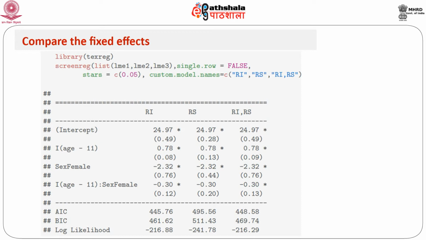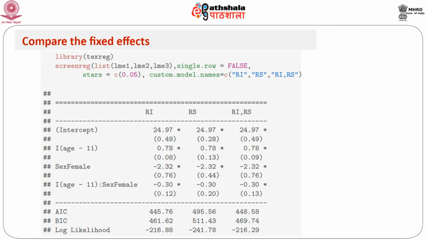For female, what happens? We subtract 2.32 from 24.97. So that is the intercept. Here, sex female gives the difference of the intercepts. So it would be 24.97 minus 2.32, which is 22.65, and the growth rate is also much lesser than the male.